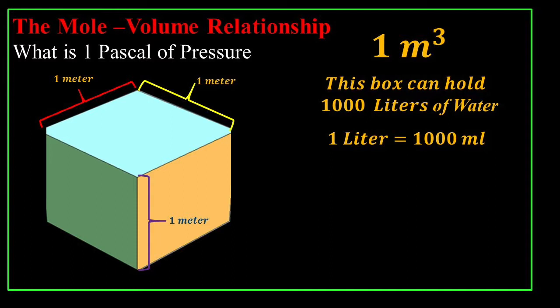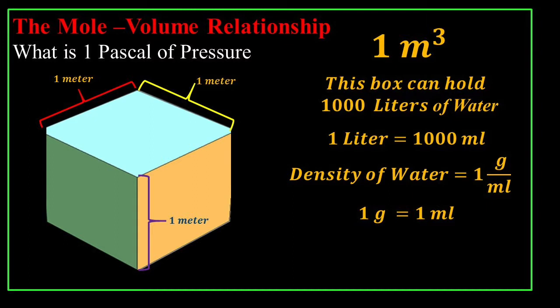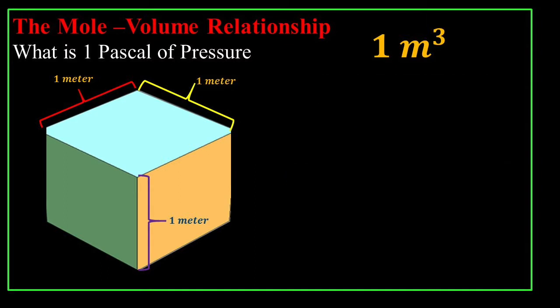1 liter equals 1,000 milliliters. The density of water is 1 gram per milliliter, so 1 liter equals 1 kilogram.